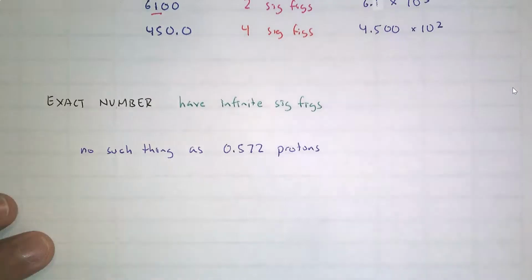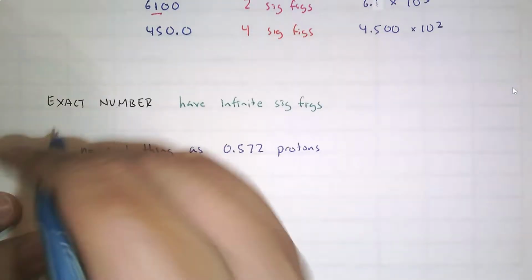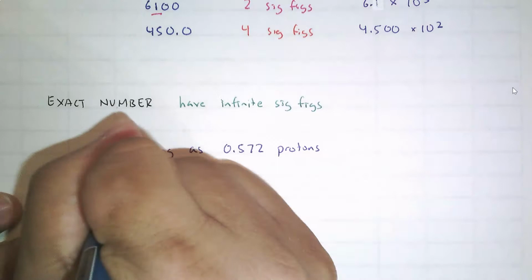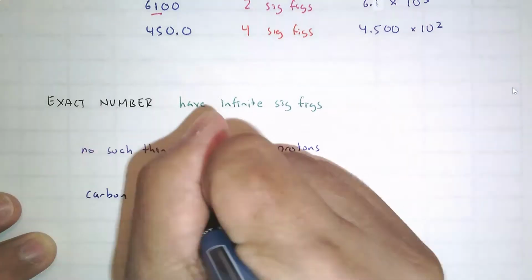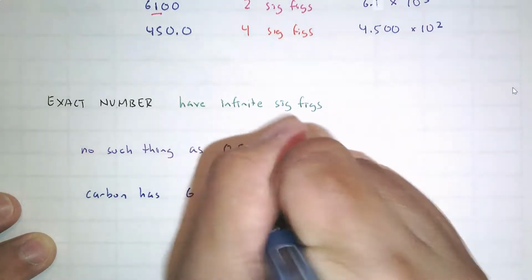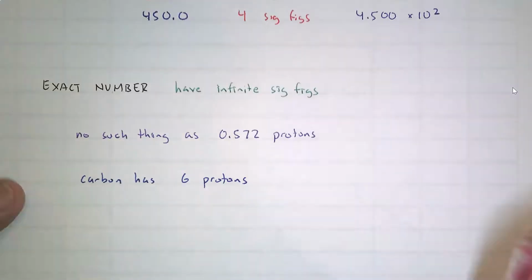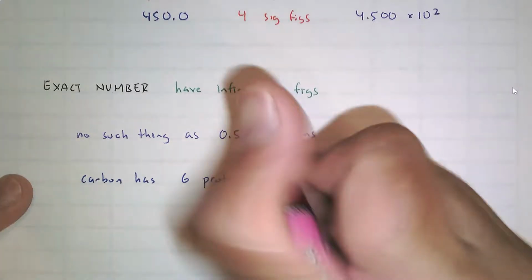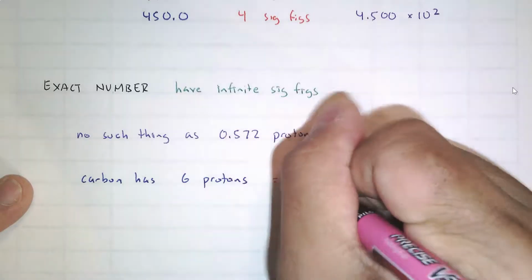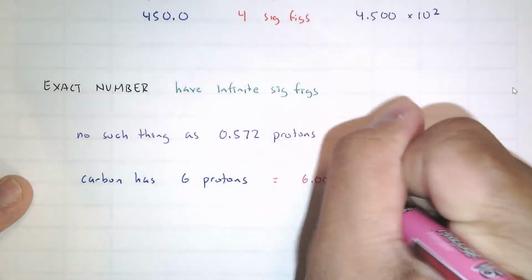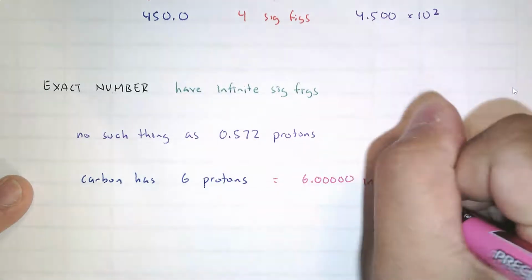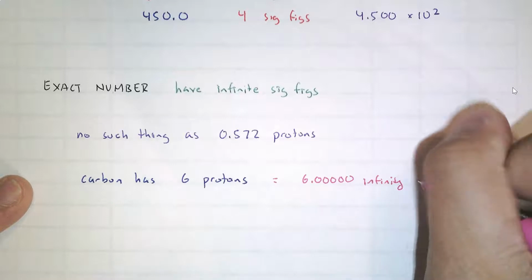So when I say that carbon has 6 protons, what do I really mean? I mean that's the same as 6.00000 to infinity protons.